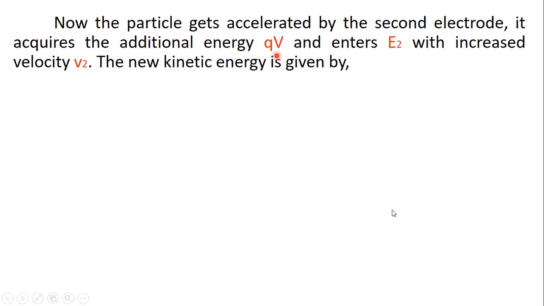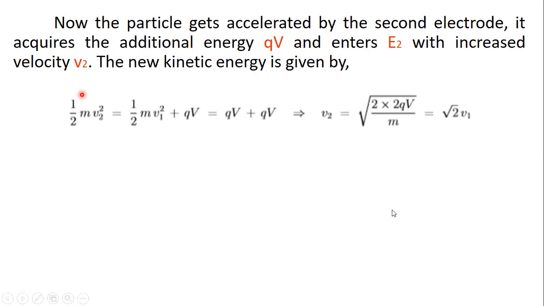Already it has an energy of half m v1 square. Now it acquires additional energy qV and enters the second electrode with increased velocity, new velocity v2. Therefore, the new kinetic energy of the particle, half m v2 square, is equal to the initial energy plus the new energy.